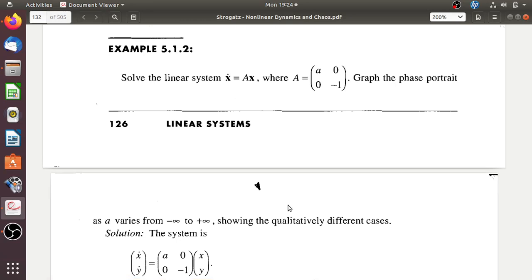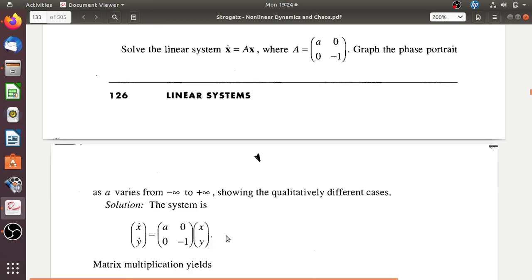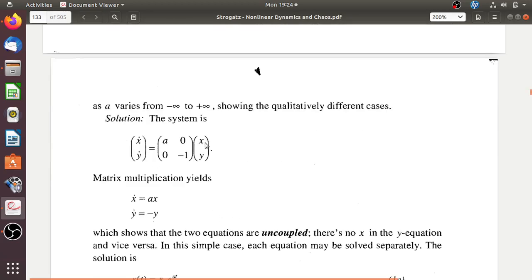Let's use this A and write it in this form, and we will get this equation. I can write this equation in this form, where x dot doesn't depend on y and y dot doesn't depend on x. Such a case is known as uncoupled.